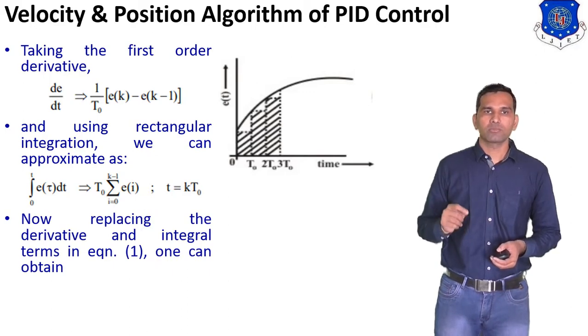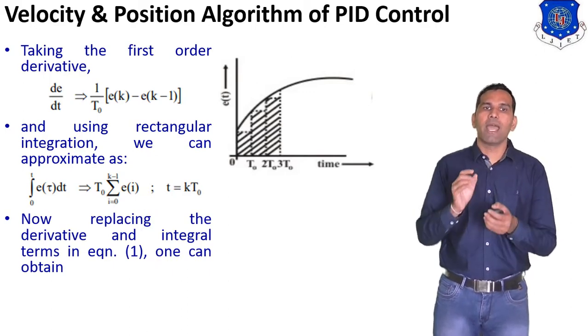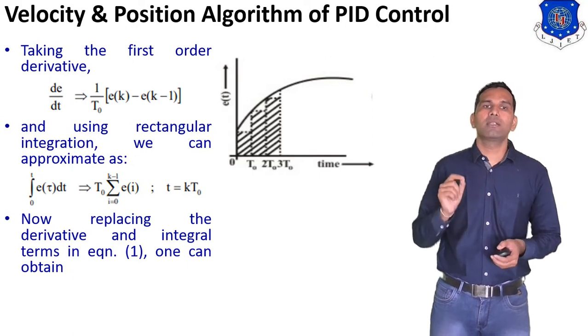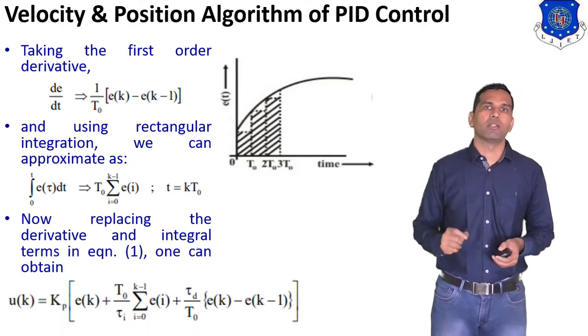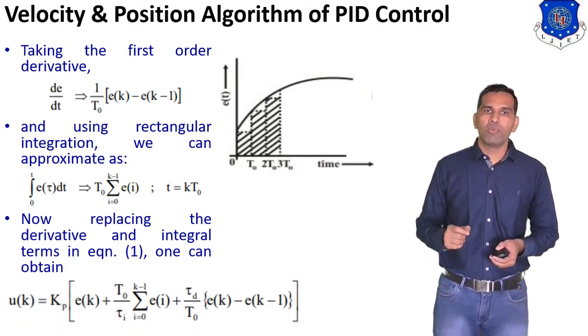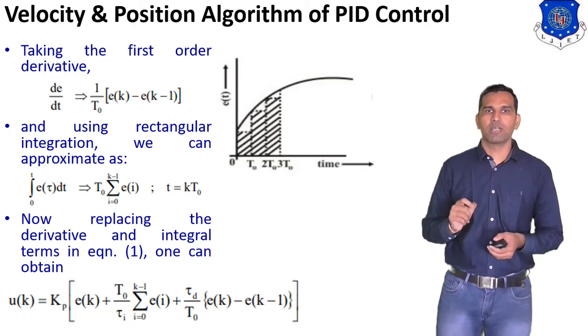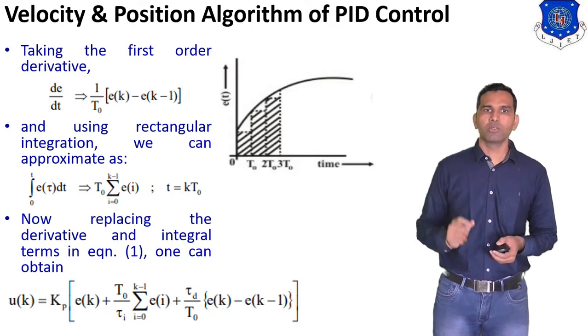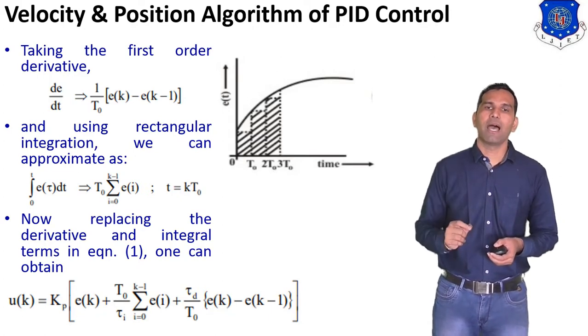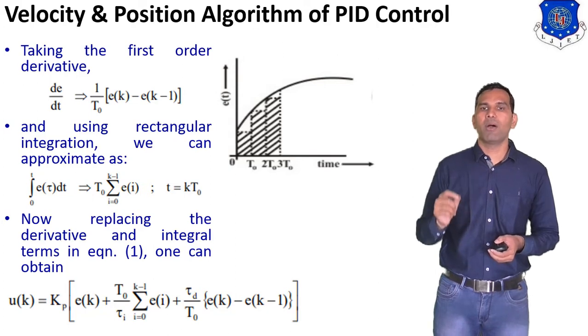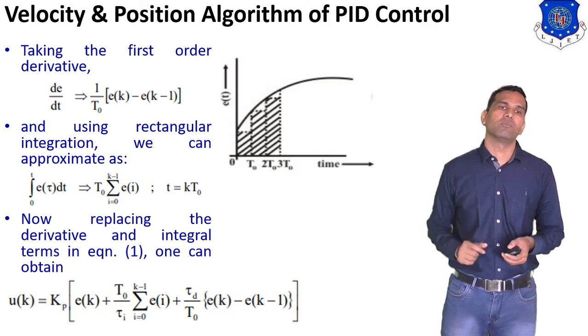So now we replace the derivative and integral terms in equation number 1. So we obtain u(k) equals Kp times e(k) plus t0 upon Ti times the summation i equals 0 to k of e(i) plus Td upon t0 times e(k) minus e(k minus 1).